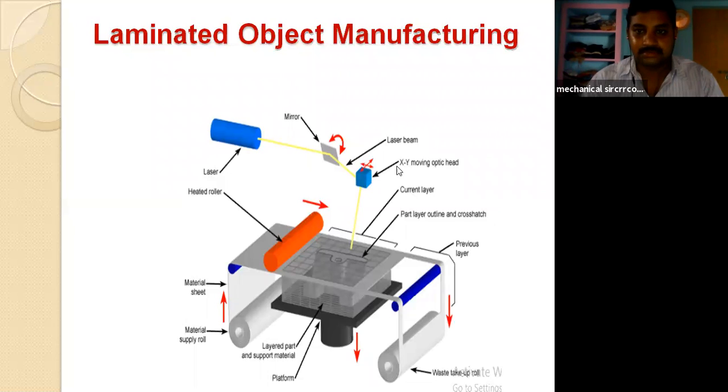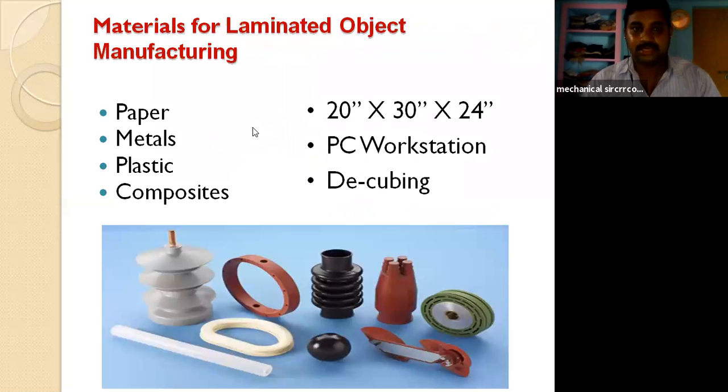The XY movement will be performed, and for the LOM process, here the materials are provided. So what materials can we take? It is paper, metals, plastic and composites. These are the materials supplied for this particular manufacturing technique.